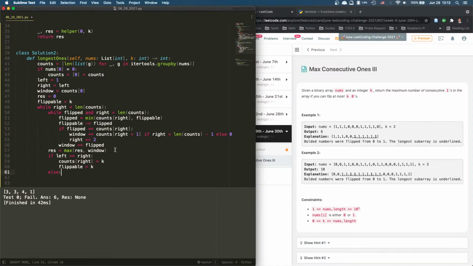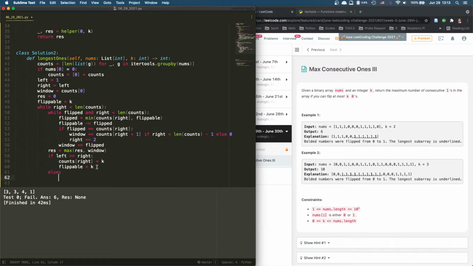If left equals right, counts right is cut to the k, and then flippable to the k. And we can start doing. Now we just attach to the right. Otherwise, we take everything from the left, we give it to flippable. How does the window change then? In this case, window does not change at all.